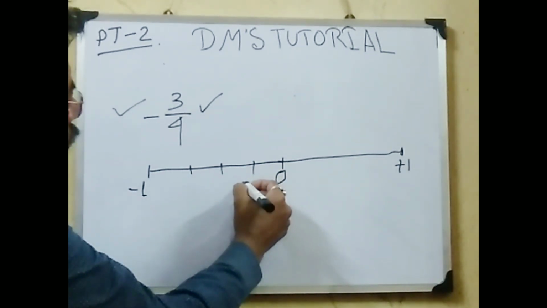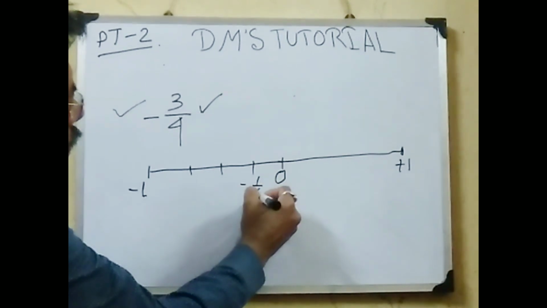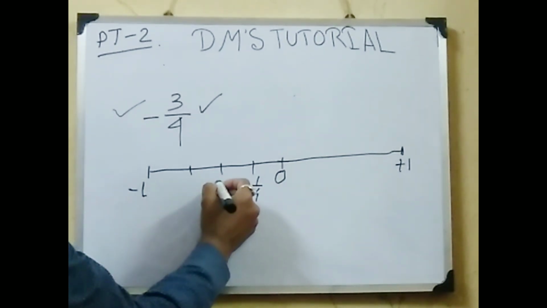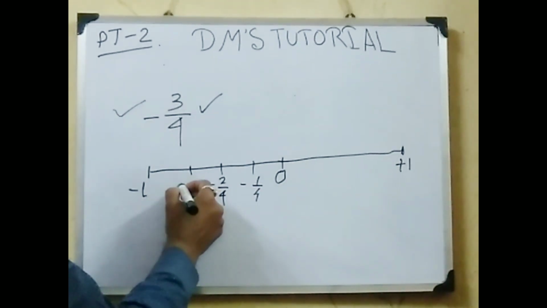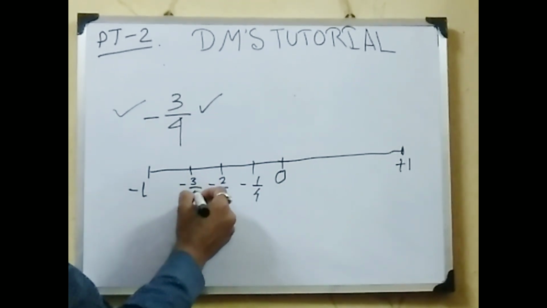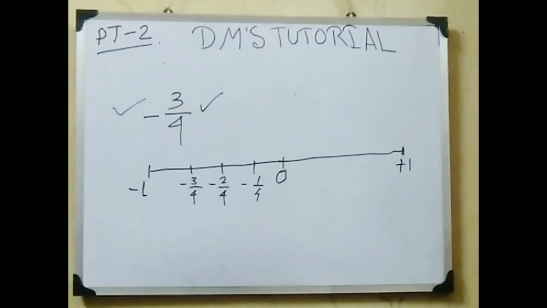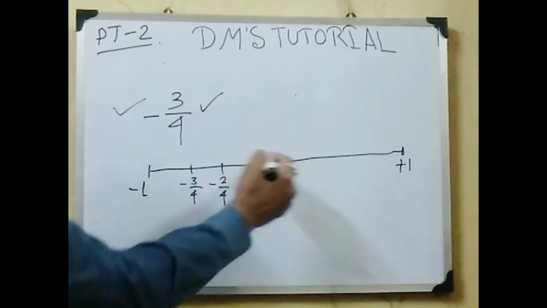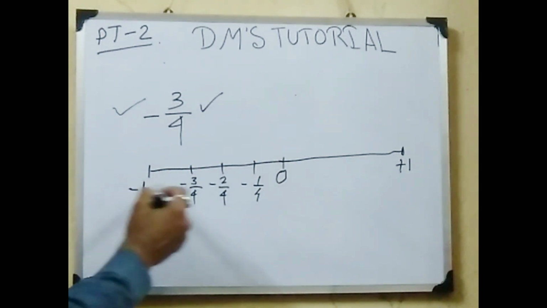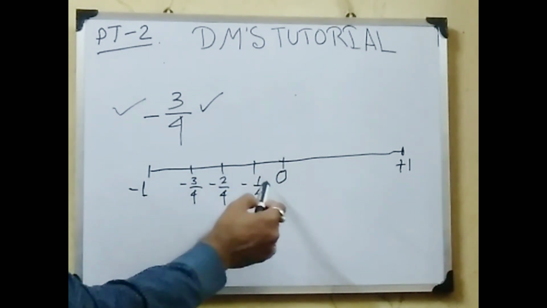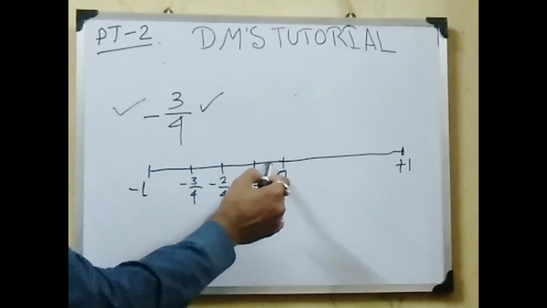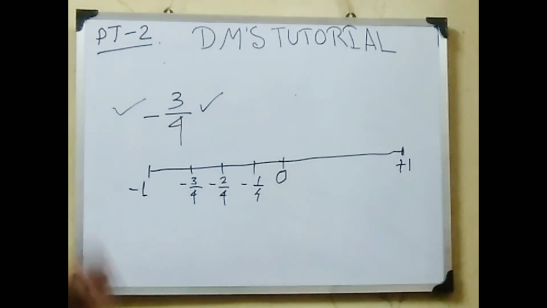This is minus 1 by 4, minus 2 by 4, minus 3 by 4 and minus 1. The total interval is divided into 4 equal parts and each part is 1 by 4 in measurement.